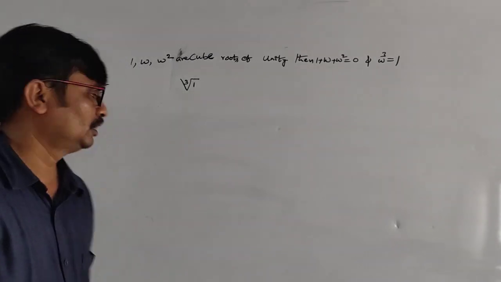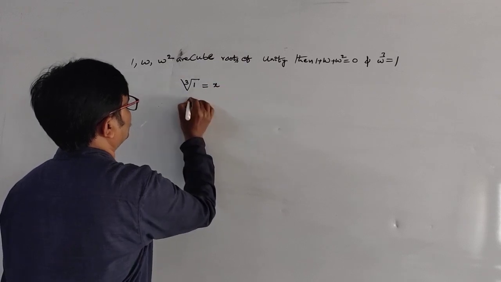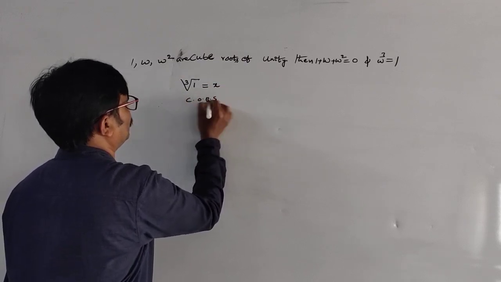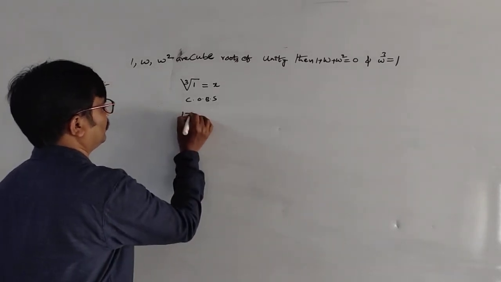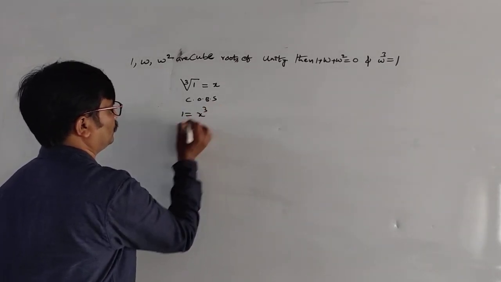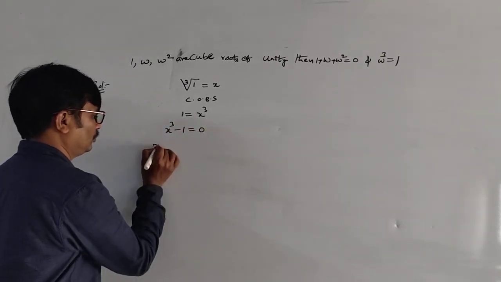Okay students, we'll take x as the cube root of unity. Cubing on both sides, 1 equal to x cube, so x cube minus 1 equal to 0.